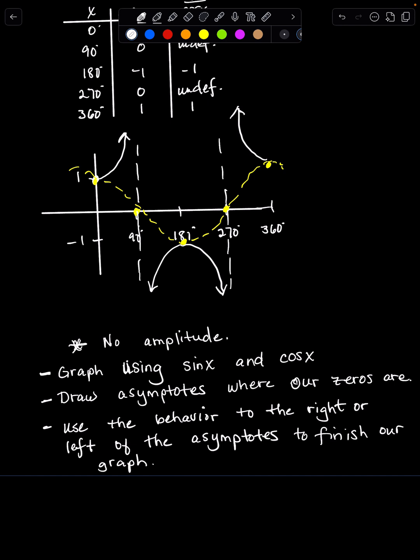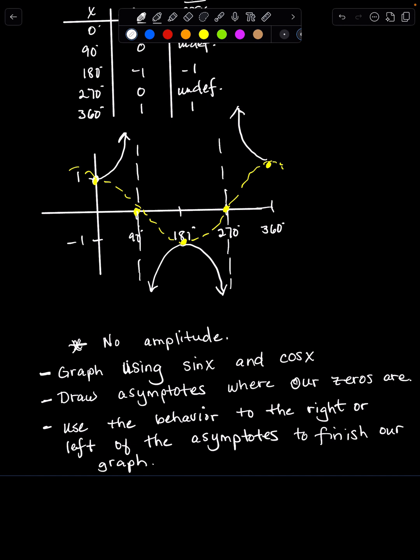Alright, and you'll begin to see a pattern. In other words, what I'm saying here is we're going to graph these just like it was sine x or cosine x, depending on if it's cosecant or secant. Then, after we've gotten our sine or cosine graph, we're going to draw our asymptotes where the zeros are on sine and cosine, because those zeros are going to become asymptotes. And then I'm going to use the behavior to the right or the left of those asymptotes to finish our graph.